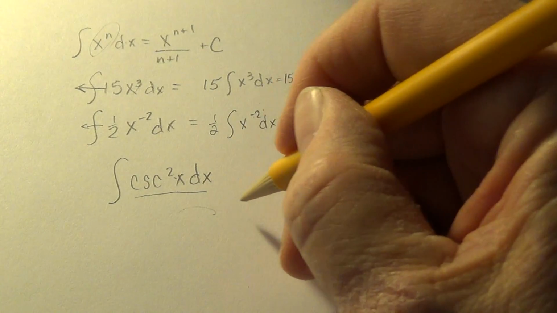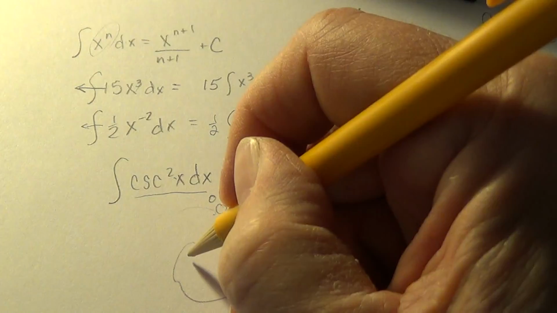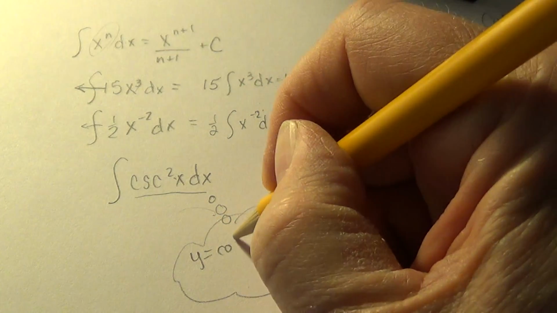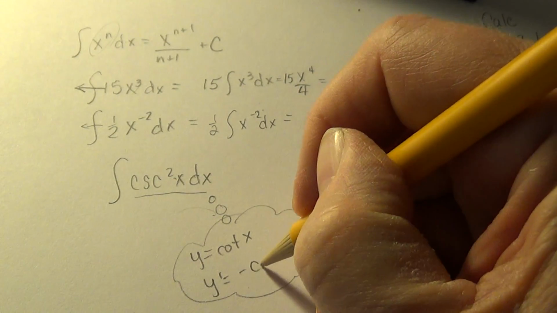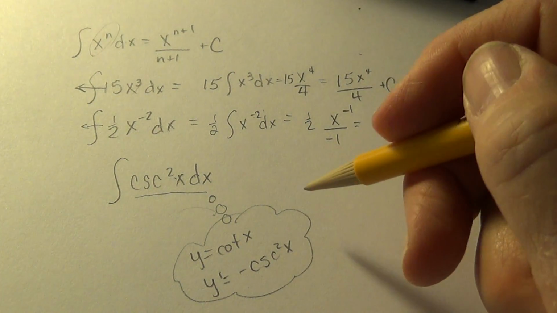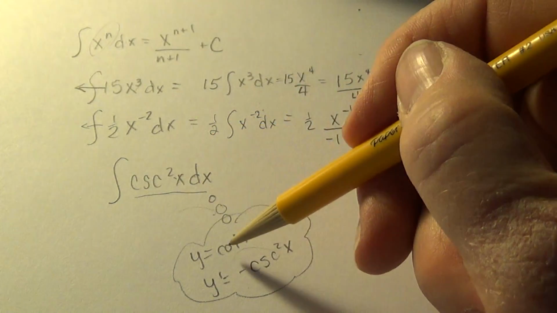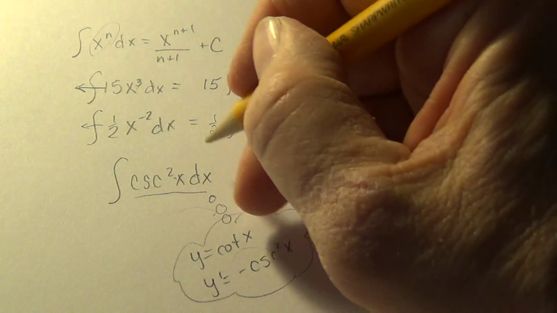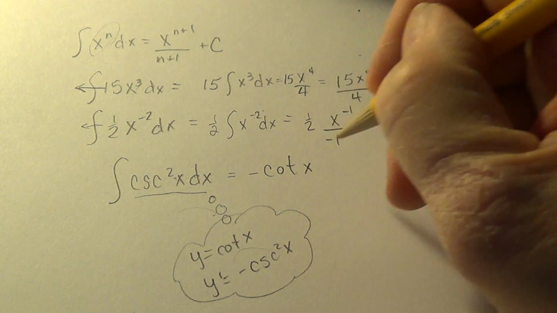Well, we know when y equals cotangent of x, y prime equals negative cosecant squared x. So this is almost that. So the answer will be this expression only with the negative sign, plus c.